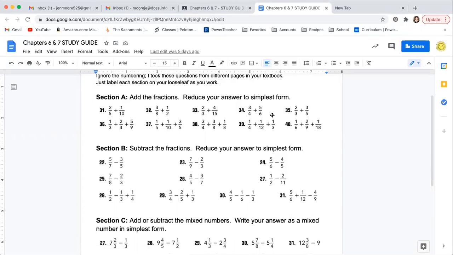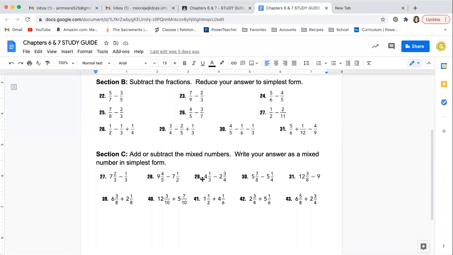So this first section about adding fractions, our game plan's the same. Get your common denominators in whichever way you choose, whether you use the least common denominator or the easiest common denominator. Add up those numerators, reduce the fraction if you can. And we'll work a little bit on that today as well.